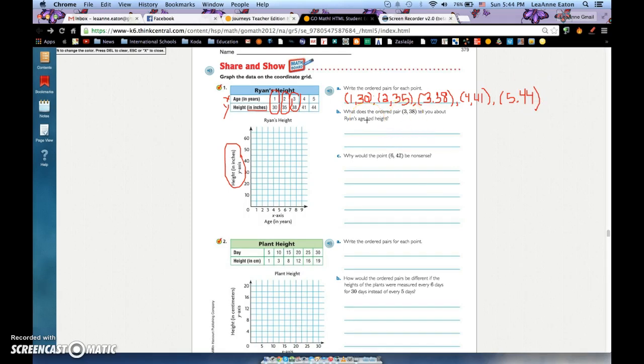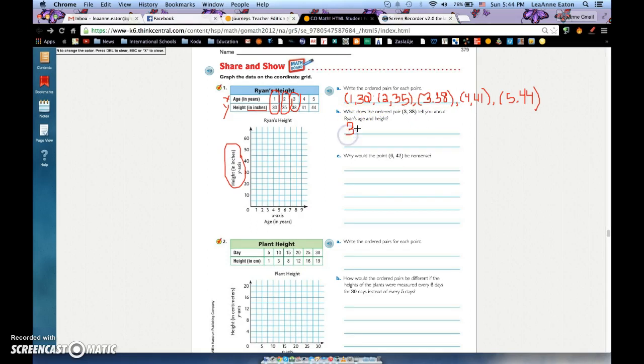So what does the ordered pair 3, 38 tell you about Ryan's age and height? I'm going to call on Pekka. What does 3, 38 tell you about his age and height? Yes, you should have said that he is 3 years old and 38 inches tall.